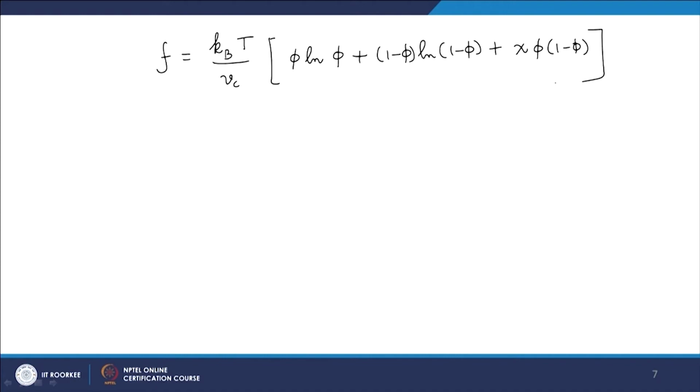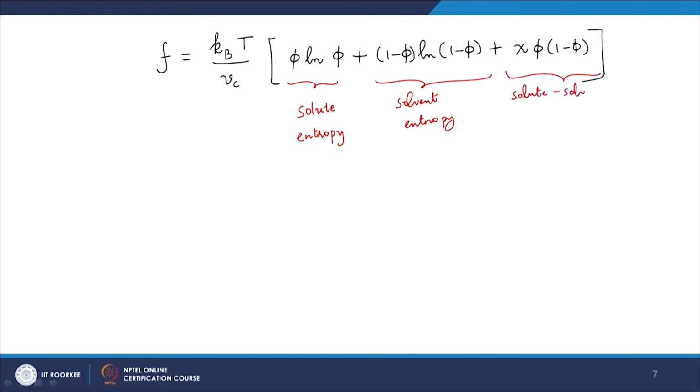And now recall in this particular case of liquid solutions we have identified these three terms as my solute entropy, solvent entropy, and the solute-solvent interaction.